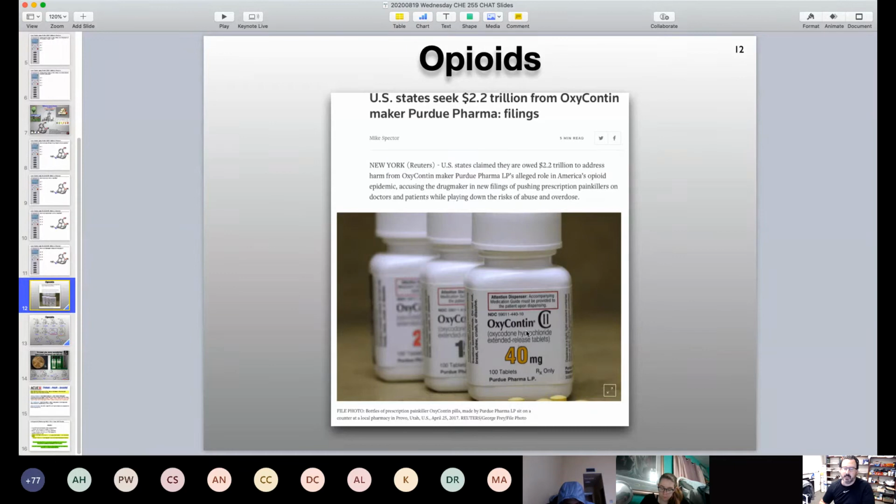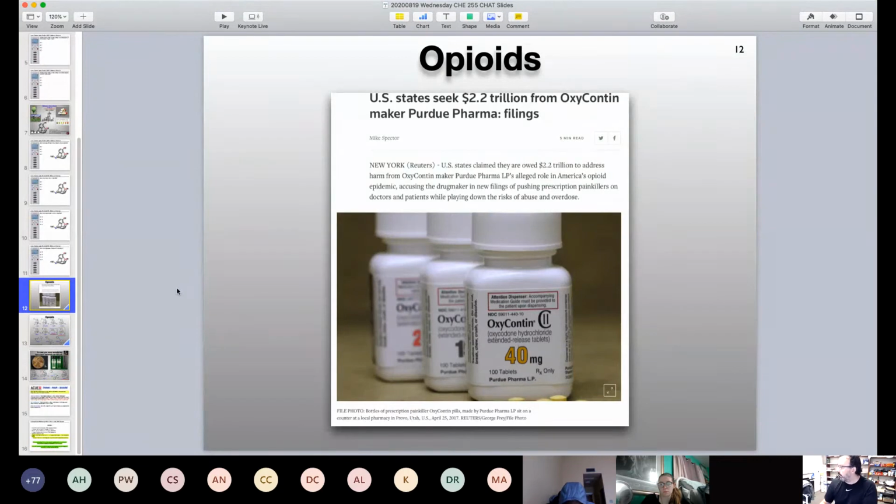Basically you and I as taxpayers are responsible for taking care of people that are addicted to either prescribed drugs or illegal drugs. Purdue Pharma had some marketing practices where they were illegally marketing this off-label, as they say.